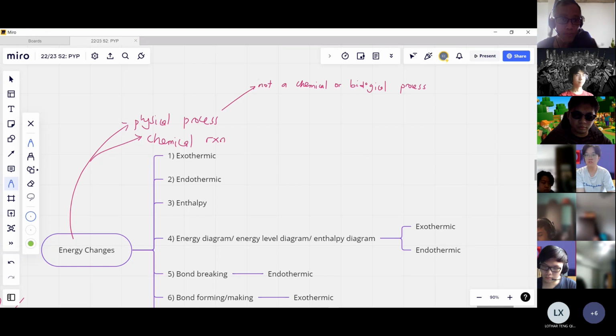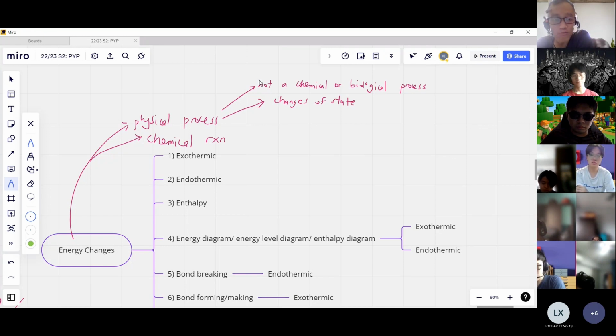So examples: all your changes of state are physical processes. Guys, please try to remember all this. These are covered in your lower secondary. Changes of state will be your melting, boiling, condensation, freezing. I don't think I need to write them out.